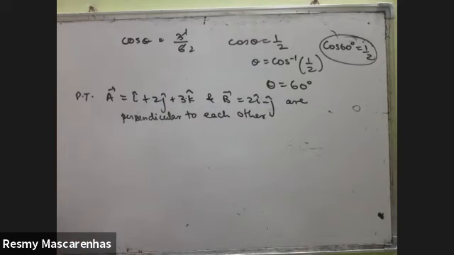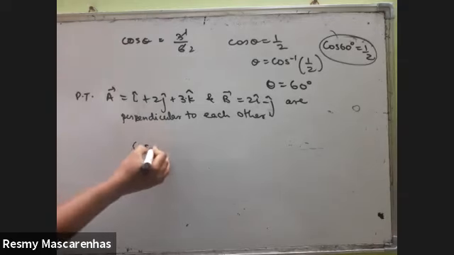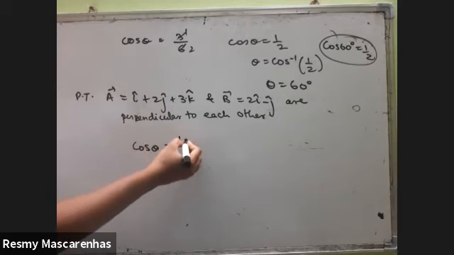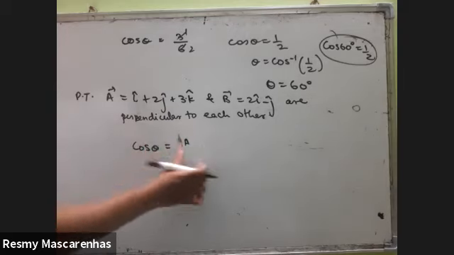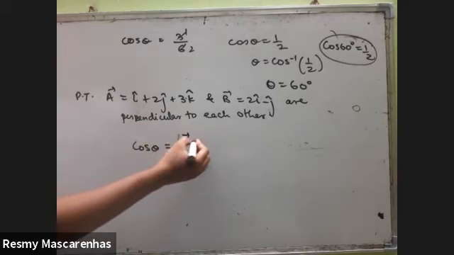Perpendicular means you have to show that it is 90 degrees to each other, or their dot product is 0. I told you whenever you have perpendicular, their dot product will always become 0. Whenever you have a question, use the same formula. It will show that theta is 90 degrees between them.